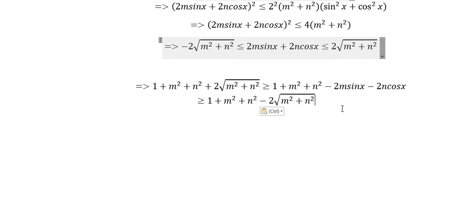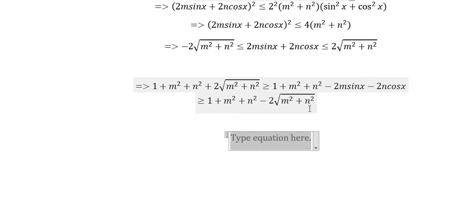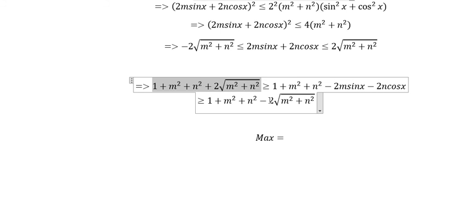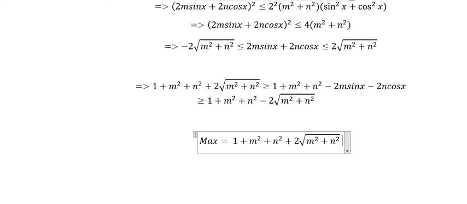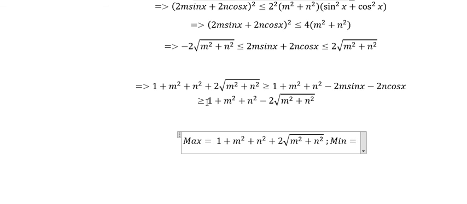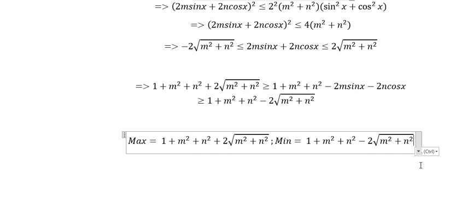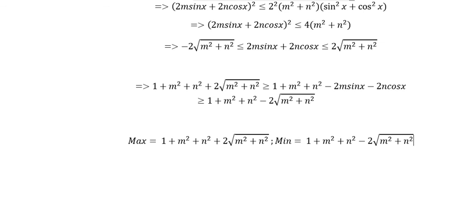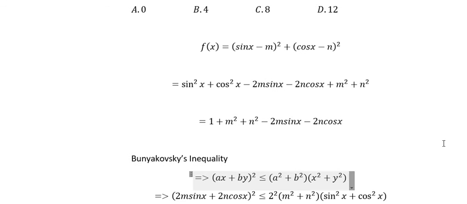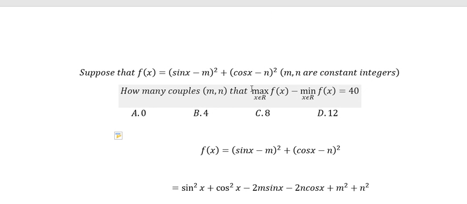So we know that the maximum of the function should be from this one, and the minimum of the function should be on the right. And now we will apply this to the question.